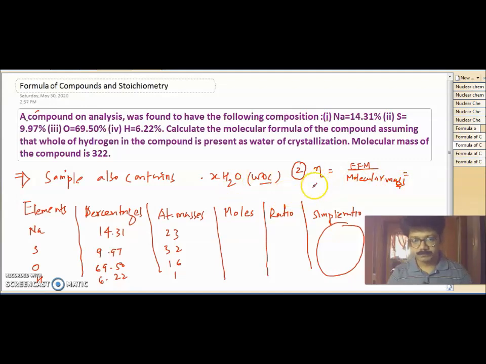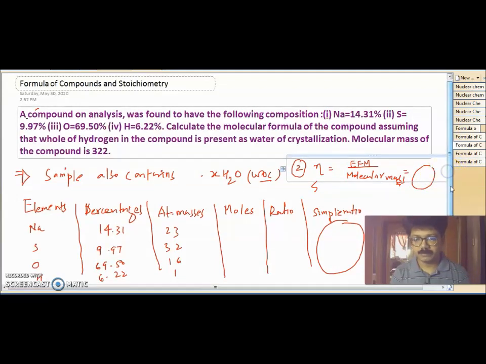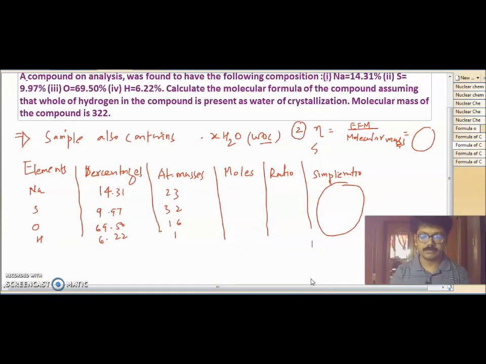Okay. Now when you get the integer, the third step will be to multiply this integer with the empirical formula.